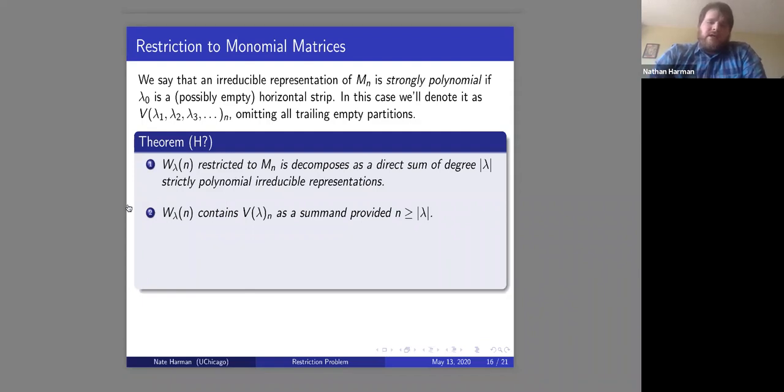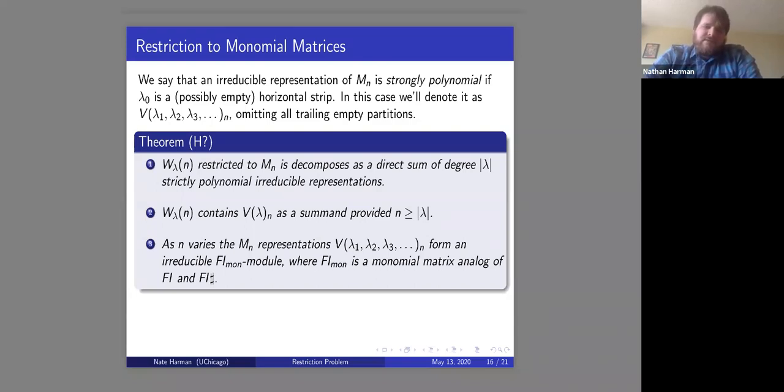This W_lambda contains the irreducible representation labeled by the same partition, but now I'm thinking of lambda as a list where lambda_2, lambda_3, and everything past the first one are all just the empty partition. So it's all concentrated in the first position. And it contains this provided n is bigger than lambda.